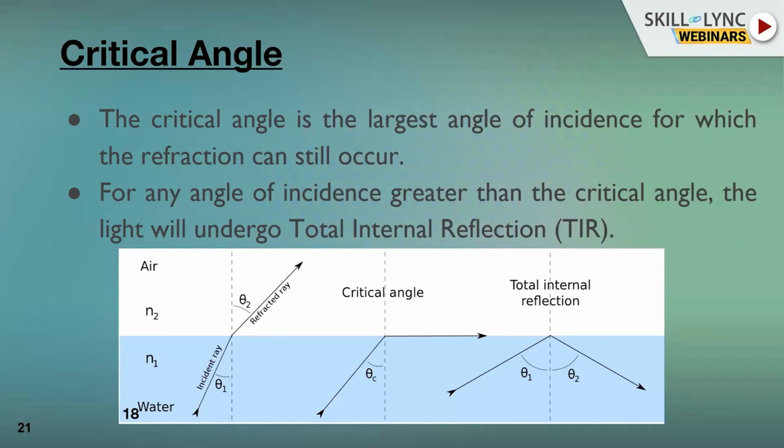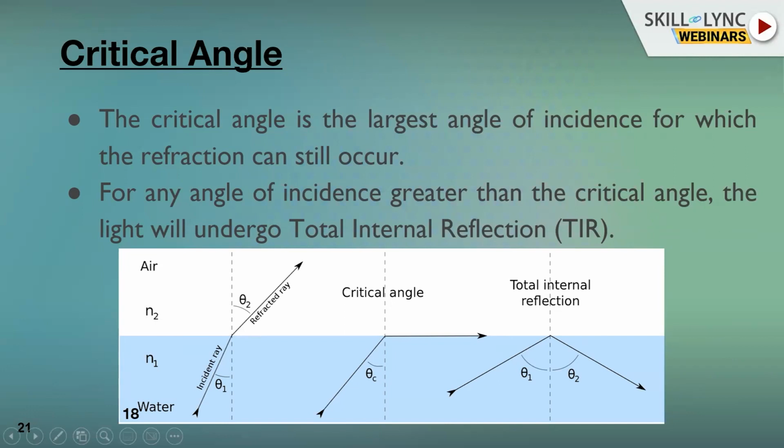As the angle of incidence of light increases from 0 to greater angles, there will be less refraction. Once it reaches 90 degrees, you can no longer see it. Okay, so if you see here, some light ray is passing at 90 degrees, and the refracted ray is not seen.